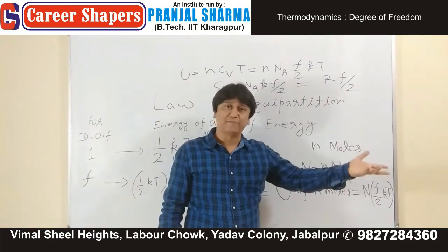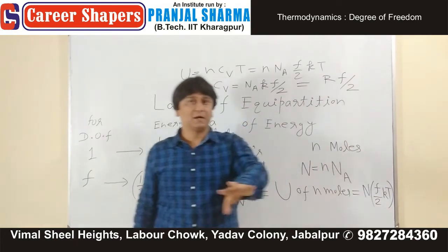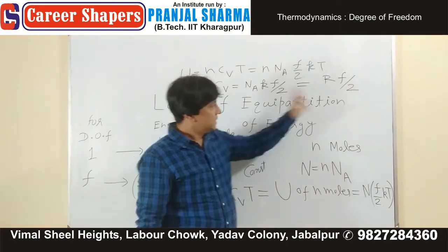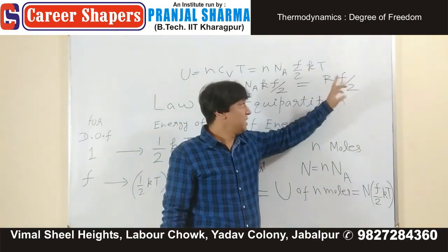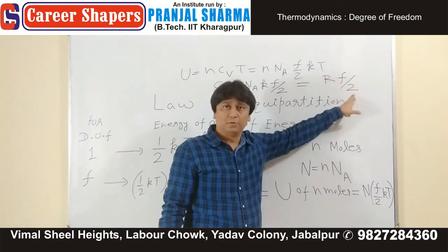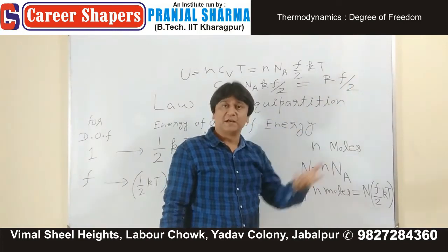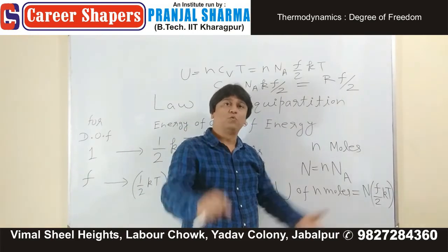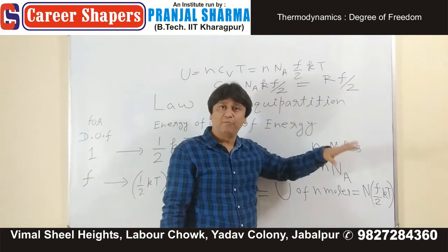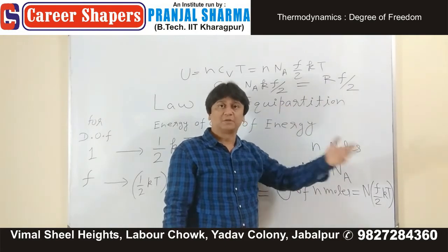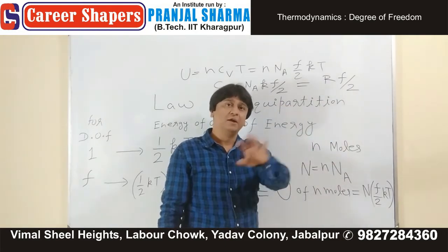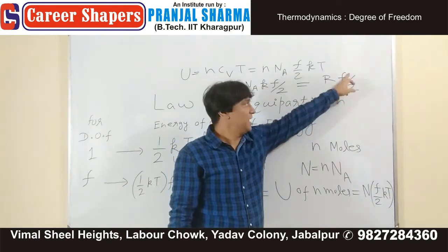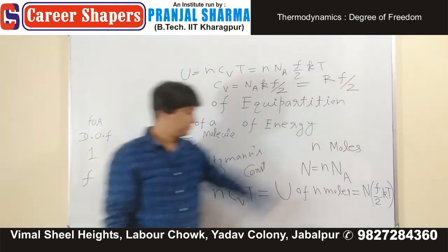We developed the concept of Cv for isochoric, but it has nothing to do with that isochoric thing and all. Cv is a constant, RF by 2. We use Cv as a number for an adiabatic gas also. So it was developed with the help of isochoric, because then we can easily understand everything. But Cv is just a number which is RF divided by 2.